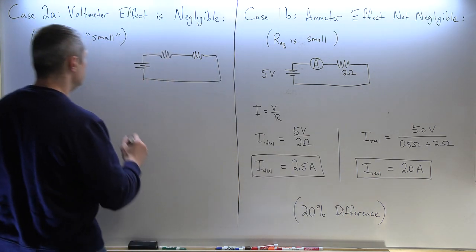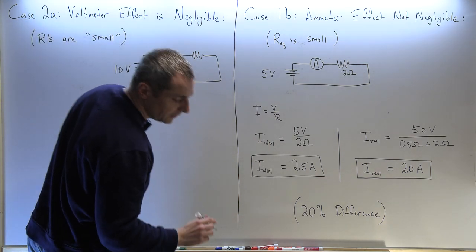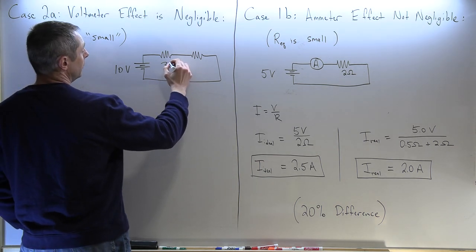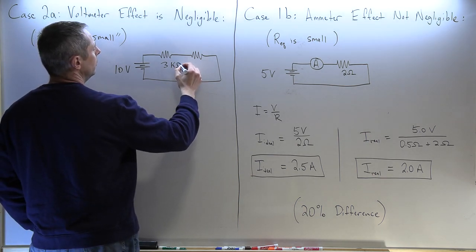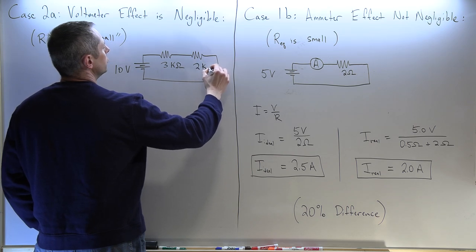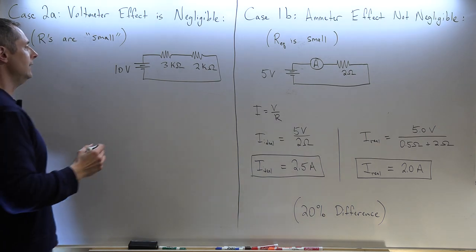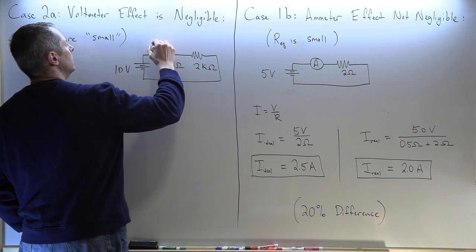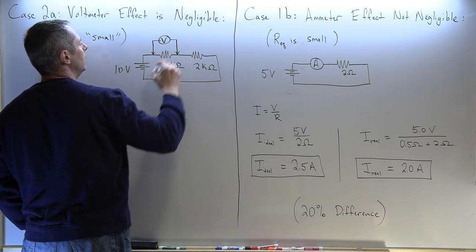The battery voltage will be 10 volts this time. And the resistors will be 3,000 ohms and 2,000 ohms. So instead of writing zeros here, I'm going to clutter up my diagram. I'm going to put K for kilo, like in kilograms, but we're going to have kilo ohms. That means 3,000 ohms. This will mean 2,000 ohms. And what I want to do is measure the voltage of this resistor and see what it is as a measurement. So I put my voltmeter like this in parallel.